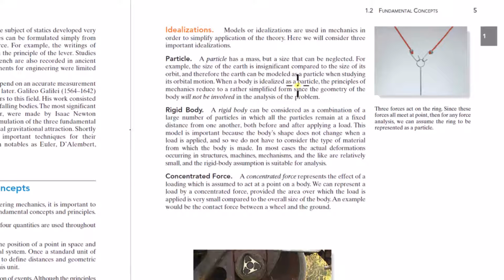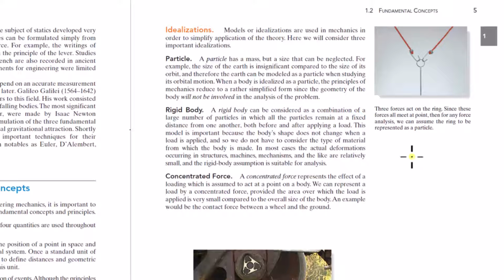When a body is idealized as a particle, the principles of mechanics are reduced to a rather simplified form, since the geometry of the body will not be involved in the analysis of the problem. So that's the key. If you're assuming that the body you're analyzing is a particle, then that's convenient because the geometry of the body is not involved in the analysis of the problem. That's very convenient. That really simplifies the problem.